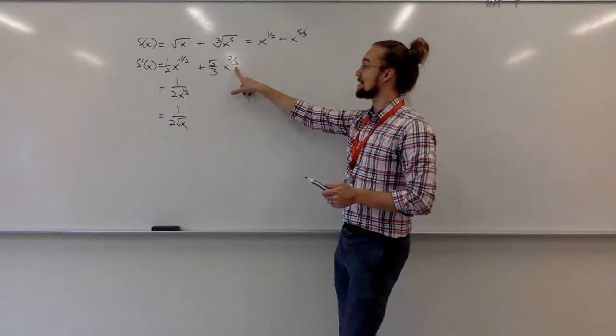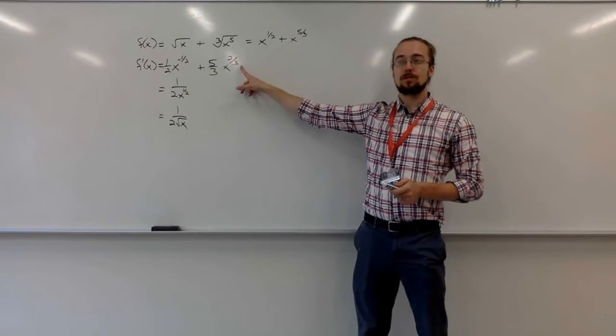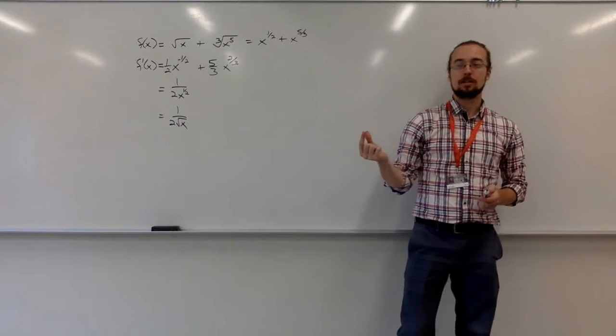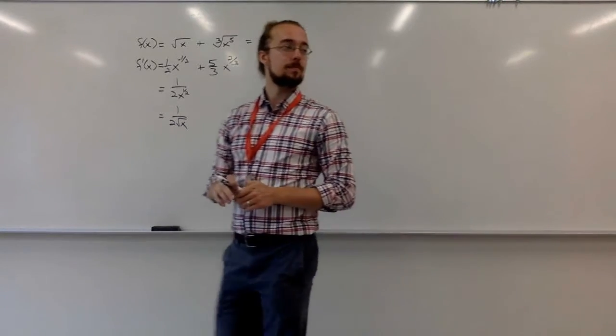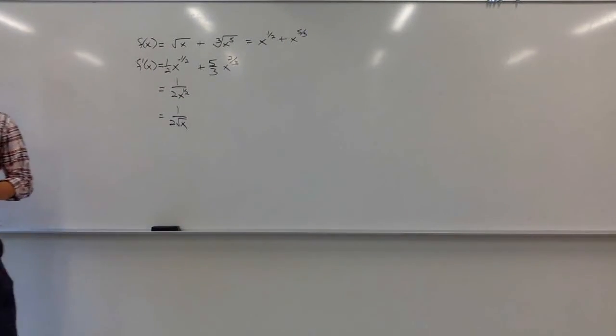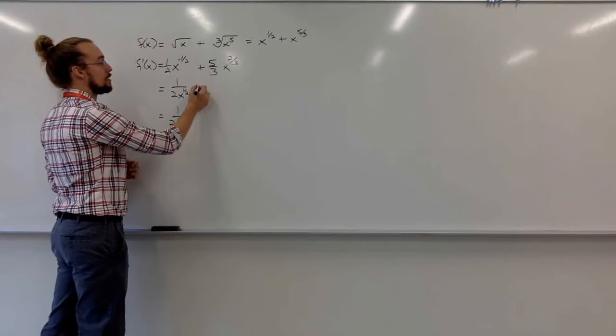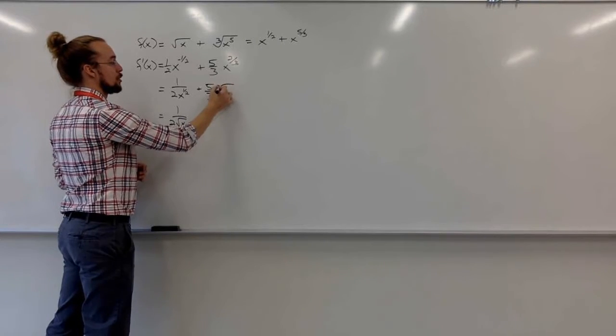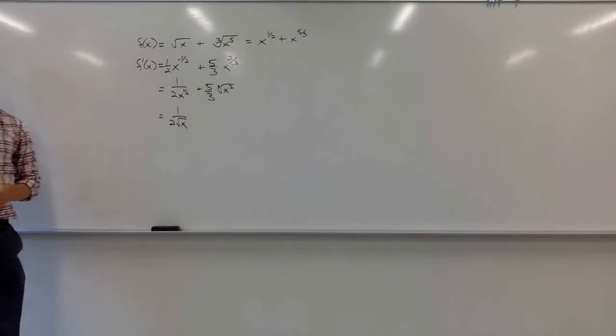So this one isn't a negative exponent, so I don't have to take this one to the denominator. The cubed root of... So 5/3 times the cubed root of x squared.